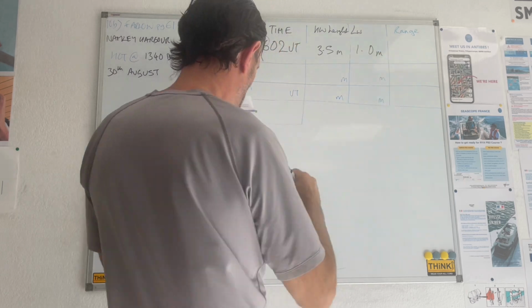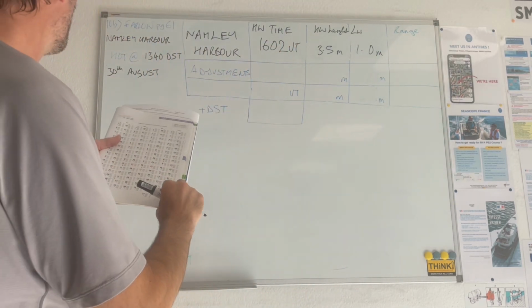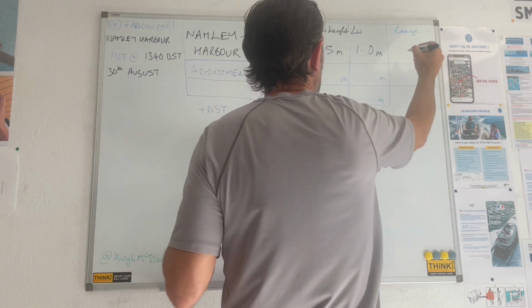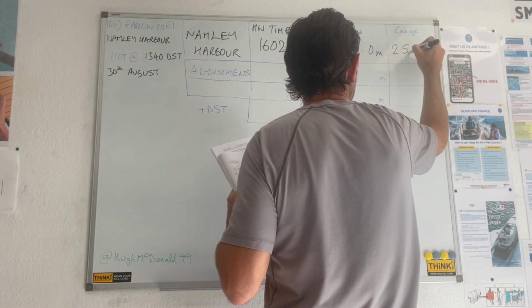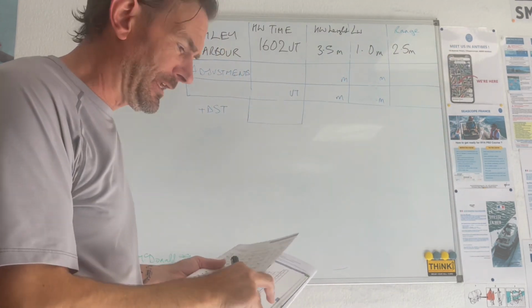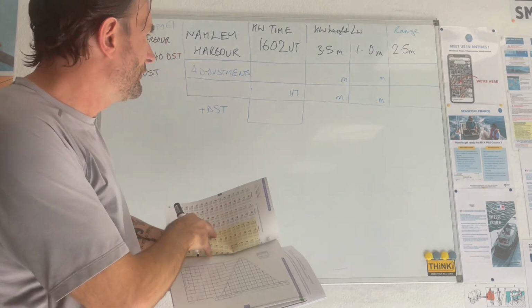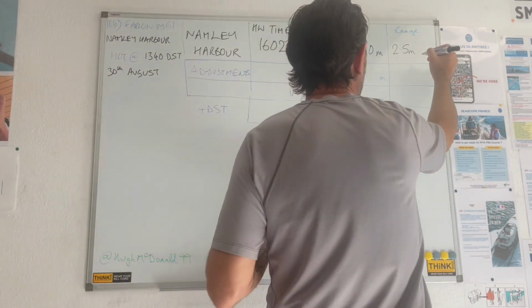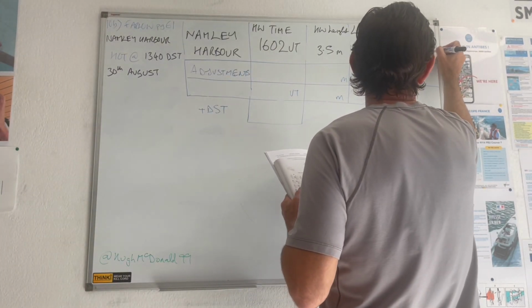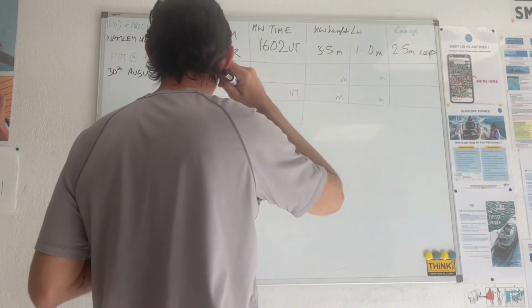So it's the window between 1602 and 9:30 in the morning there, which is going to give us that height of tide window between 3.5 and 1.0, giving us a range of 2.5 metres, which we'll have a look at in the standard port. It's very close to a neap range. So that's the dotted blue line as far as we're concerned.